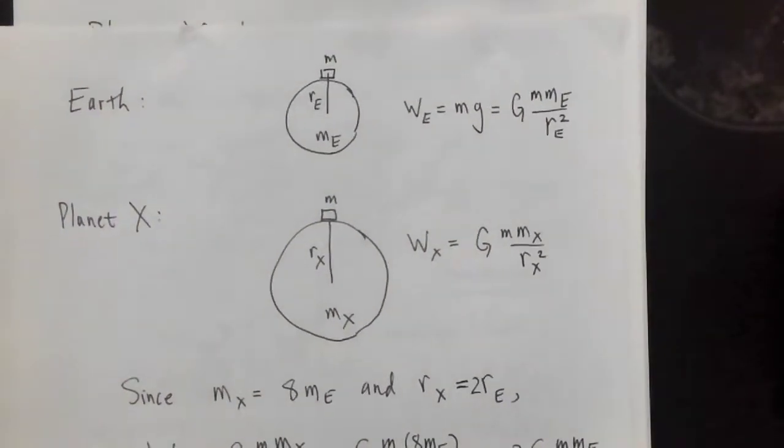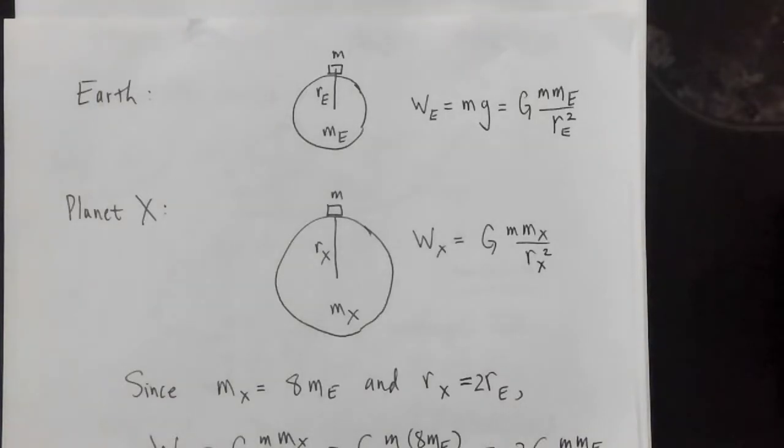Let's see. Okay, so we just draw these pictures. By the way, whenever you have a problem where you have one case here, one case there, and you have to compare the two cases, like you have some setup of maybe a mass and a spring, and then you double the mass, double the spring constant, so in other words, you have an old setup and a new setup, one thing I recommend to students is you actually write down the cases separately with different symbols.